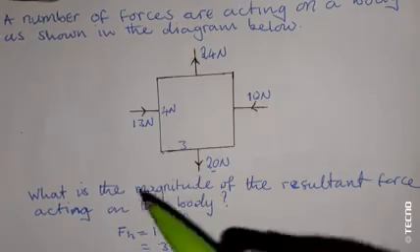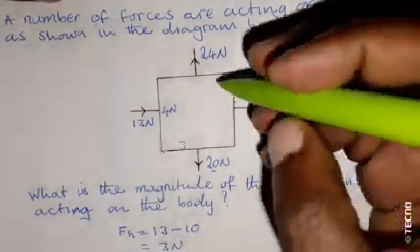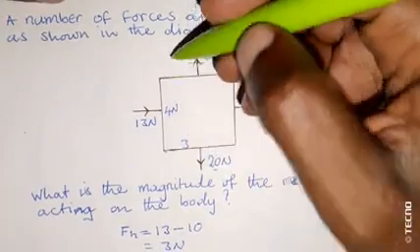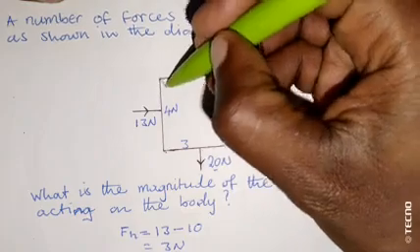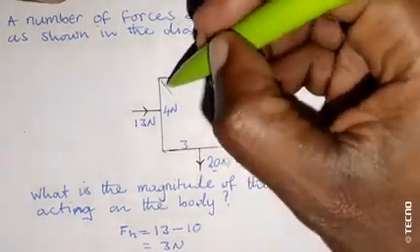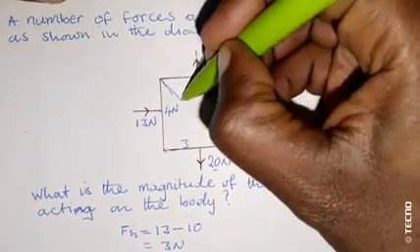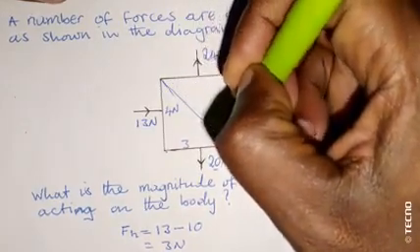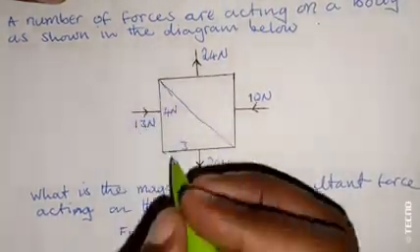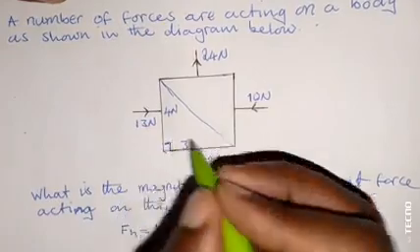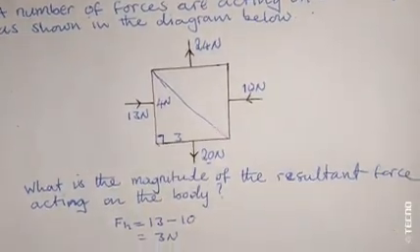Now what we want to calculate is the resultant force acting on this body. For us to find the resultant force, we are going to find the diagonal of this diagram. We are going to find this distance, which will be like this. For us to find this distance, this angle is 90 degrees, so we are going to use Pythagoras theorem.